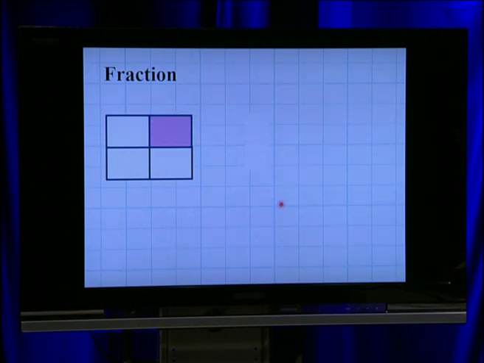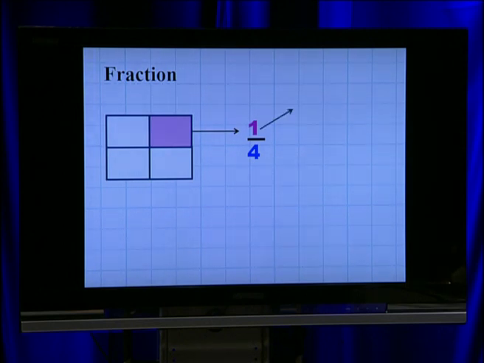How many parts of this shape have been shaded red? 1 part of this shape has been shaded, right? How many parts did we have in total? We had 4 parts. So this is the fraction. Again, we have 1/4.